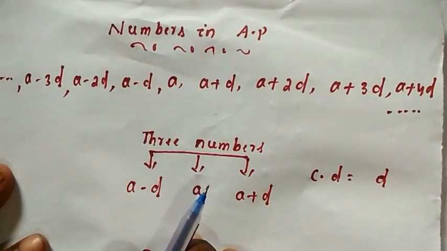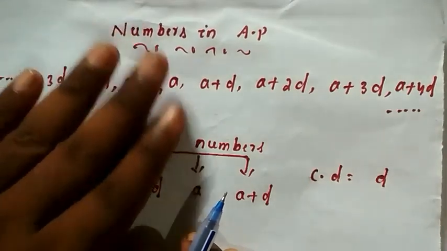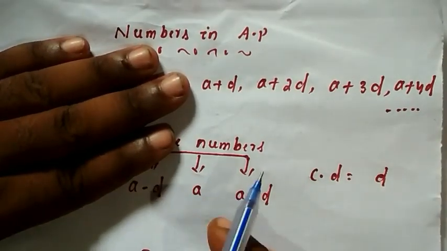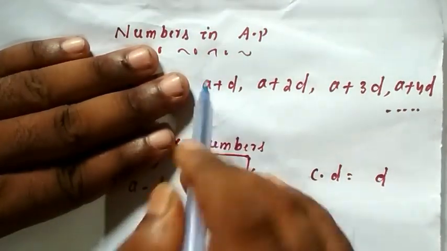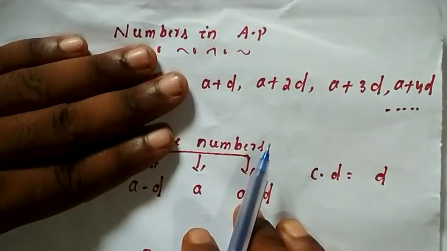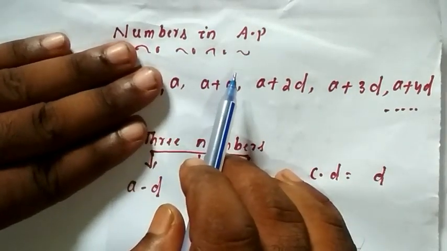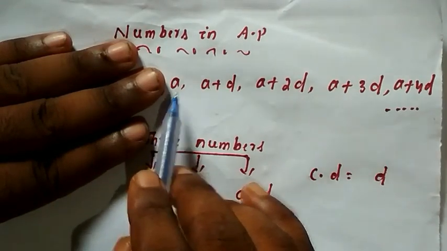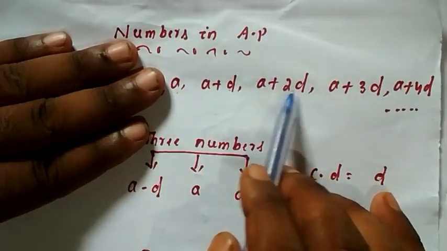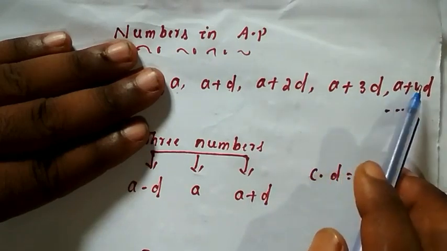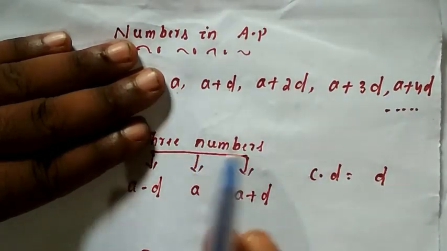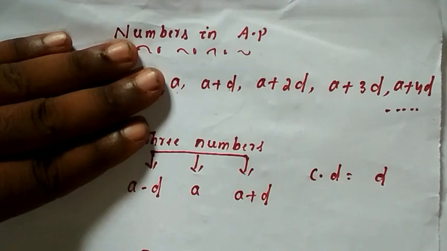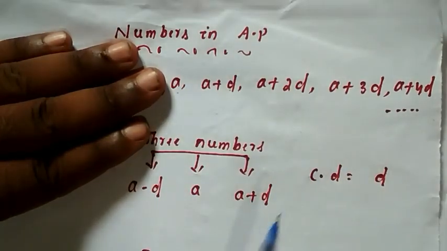Listen here. Already in the previous sections I have said what the terms in AP are: a, a plus d, a plus 2d, a plus 3d, a plus 4d, a plus 5d, a plus 6d and so on. This is the terms in AP. Already I said how it came.